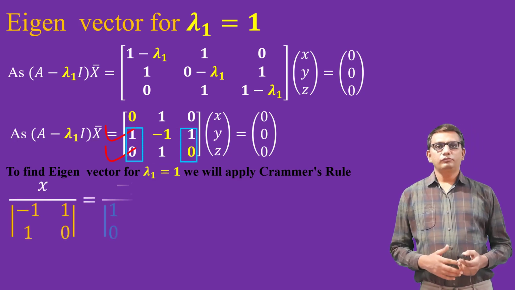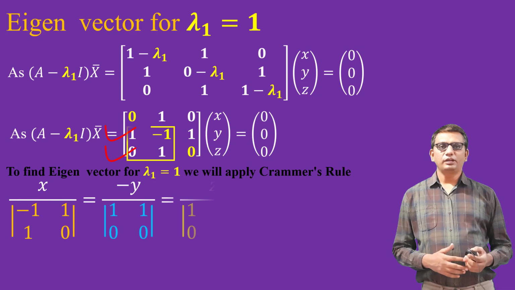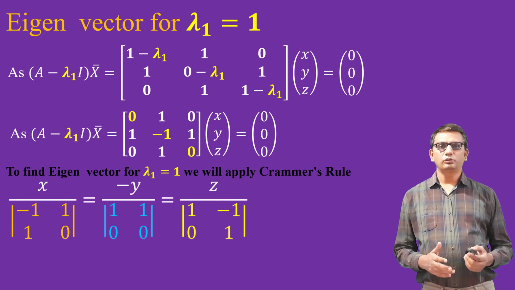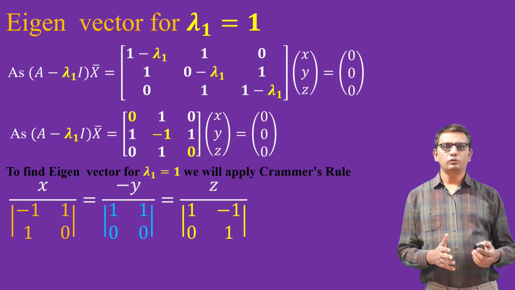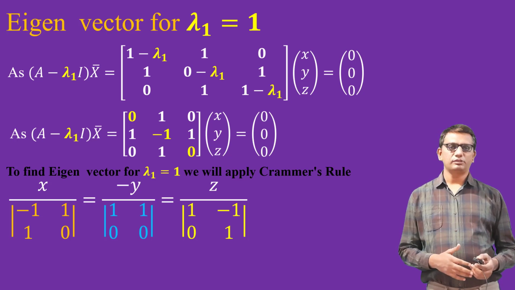Now by Cramer's rule we have x upon this determinant (minus 1, 1, 0, 1), then minus y upon (1, 1, 0, 0), and z upon (1, minus 1, 0, 1). So that is our Cramer's rule.